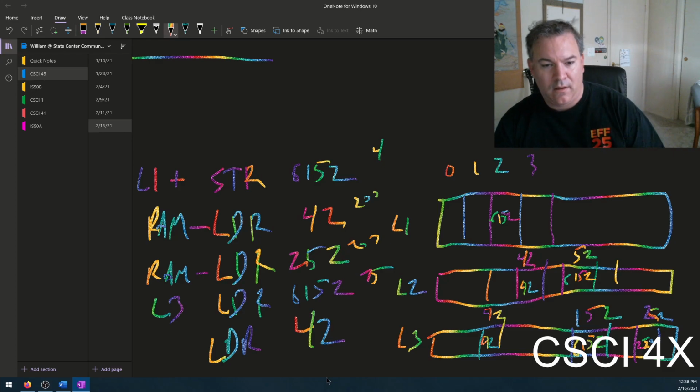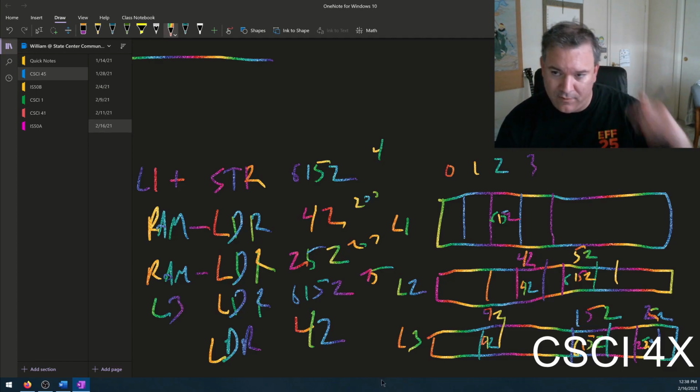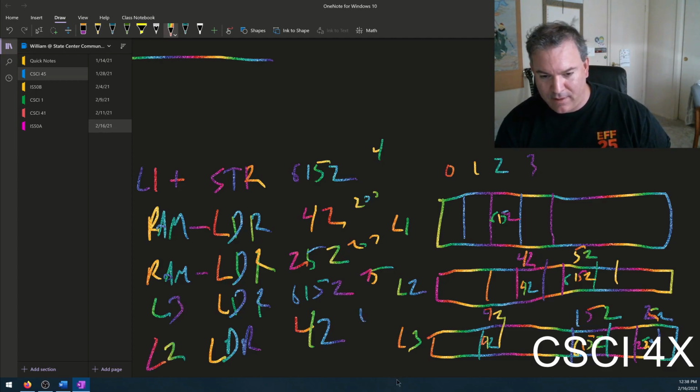Good. Yeah. So every time you do any load, any store, it updates all of the caches. It's the important thing you need to get into your head. So this is an L2 hit that costs 10.